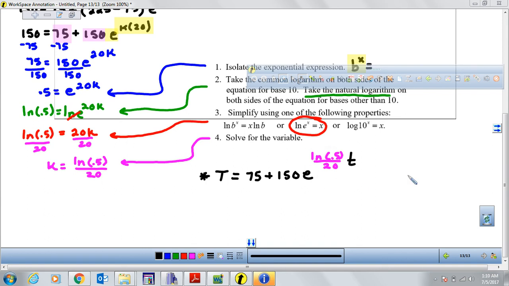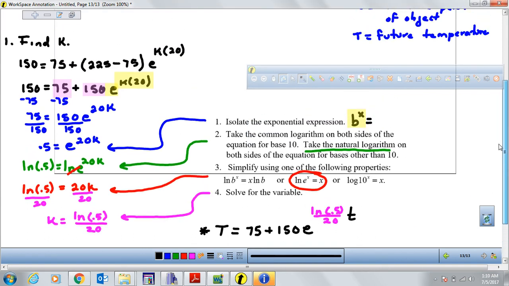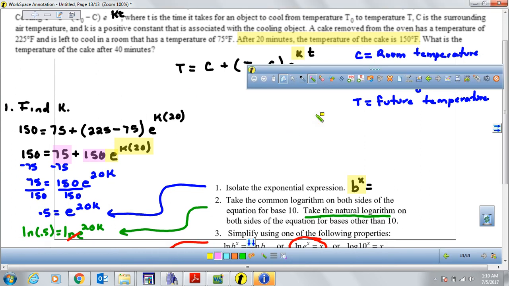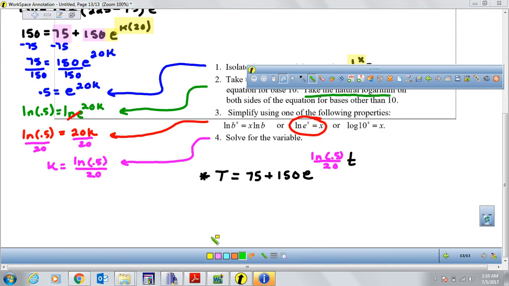So now we need to answer the question that follows. The question is this: what is the temperature of the cake after 40 minutes? We're looking for T when the time is equal to 40.